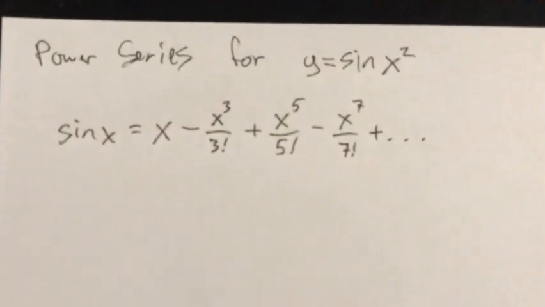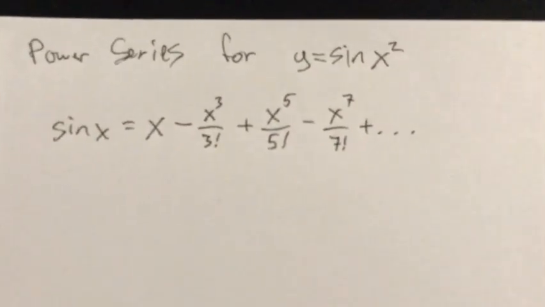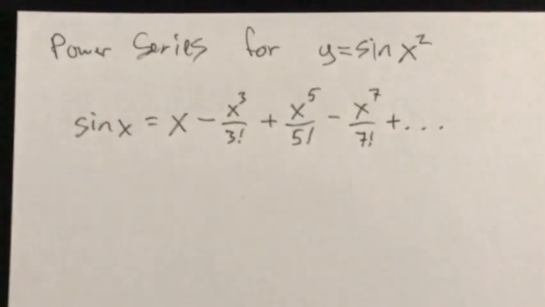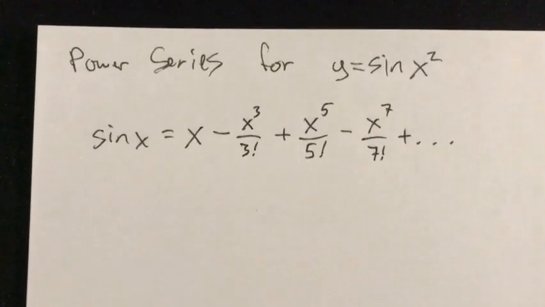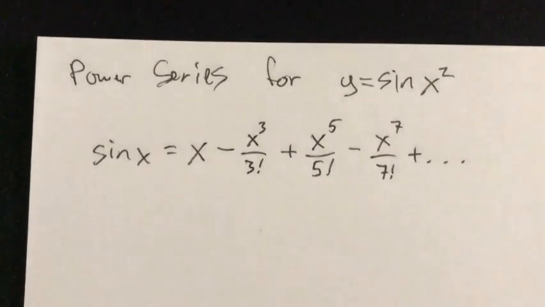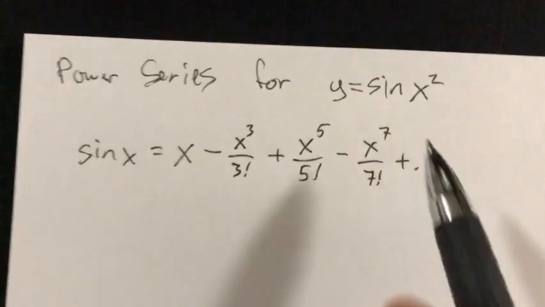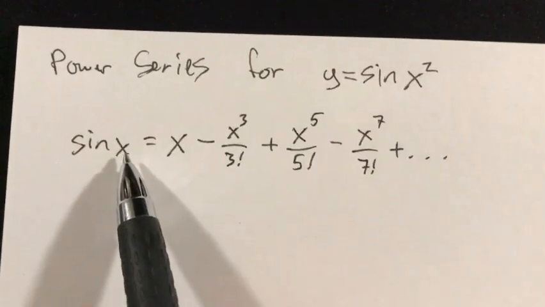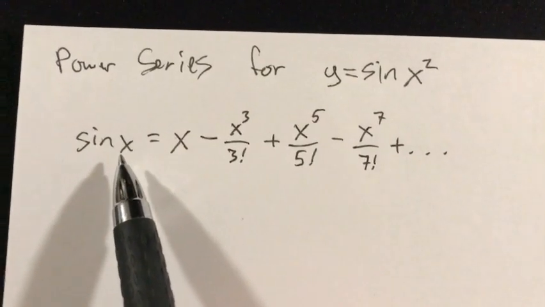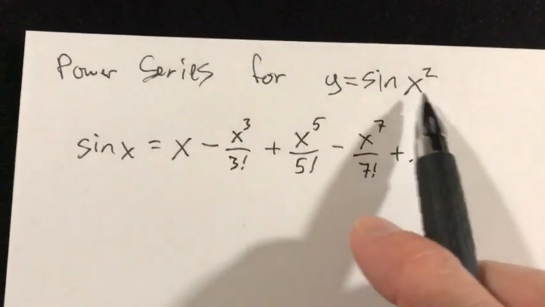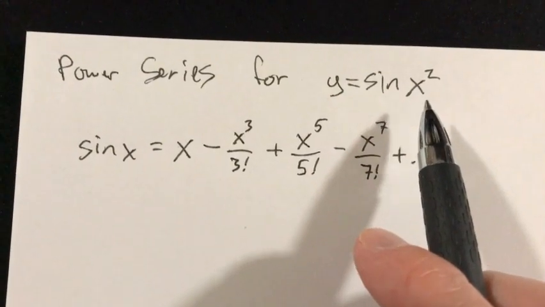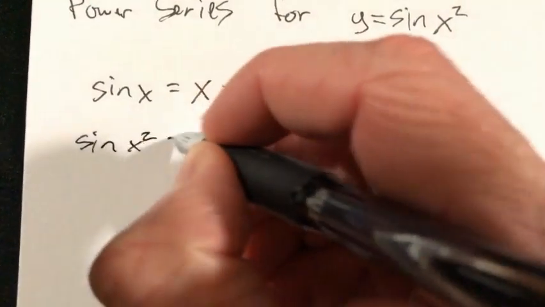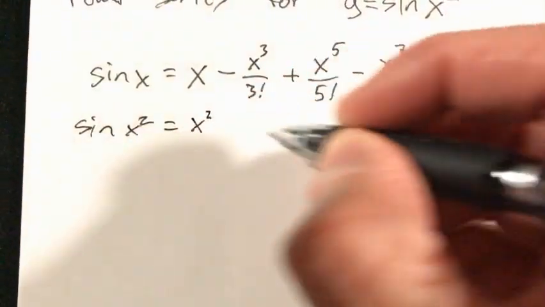And if I wanted to write a general term for that, I could, but I think for today I'm just going to skip that, and we'll take a look at general terms as they come up on example questions. So basically, I know what sine of x is. If I want to find what sine of x squared is, I can just replace the x with an x squared. I could replace the x with anything I want to. So if sine of x is this, for sine of x squared, I'll replace this x with an x squared.